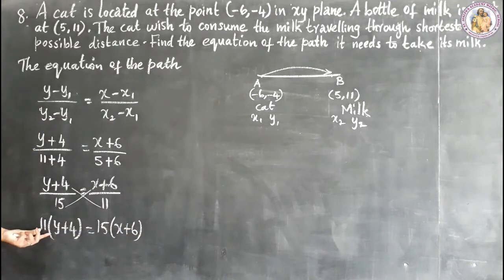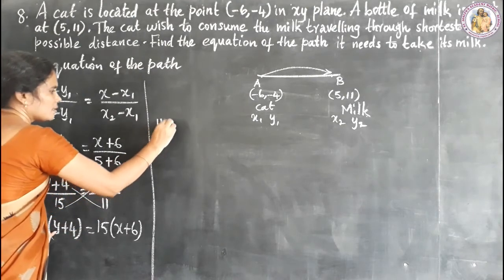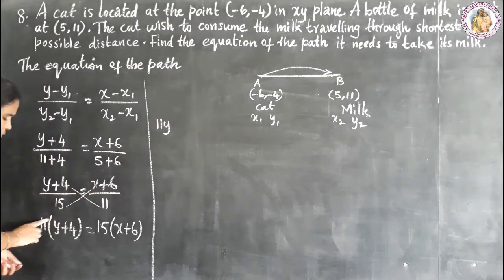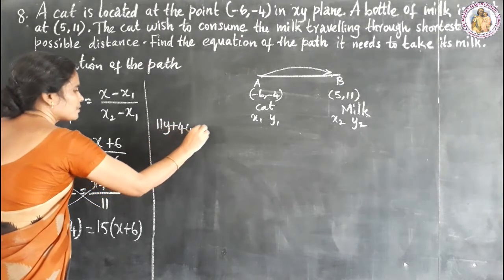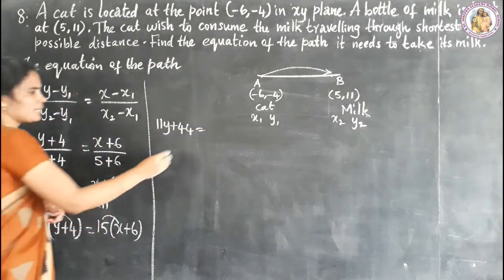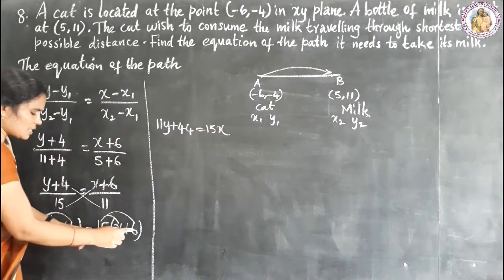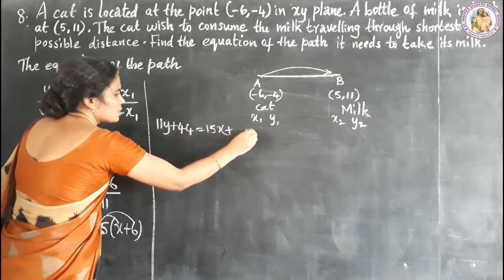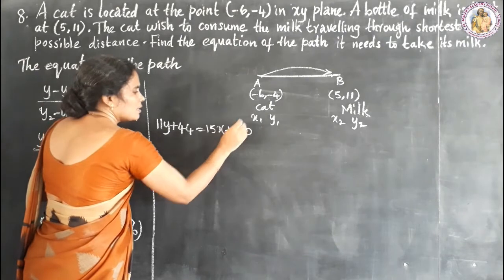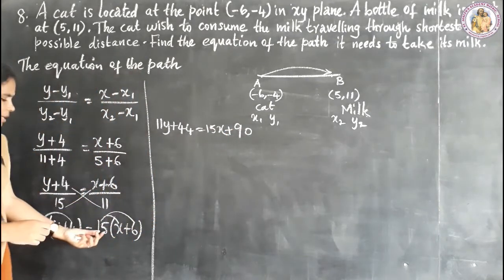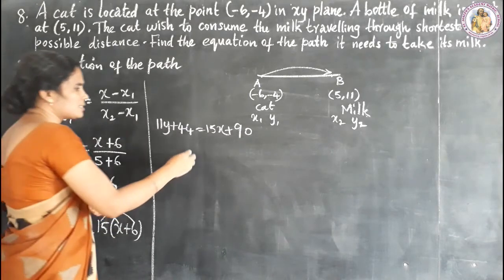Now multiply 11 into y, 11y, plus 11 fours are 44, is equal to 15 into x, 15x, plus 15 into 6, which is 90.